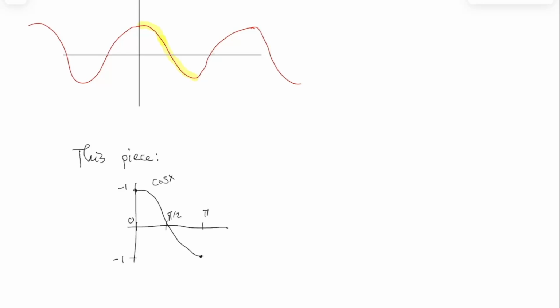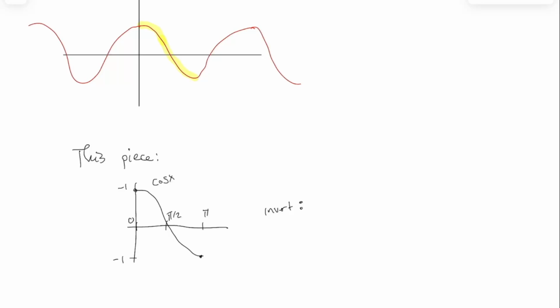All right, so that's the piece. That's the original piece of cosine, and that's the one which I'm going to invert by doing this sort of reflection across this diagonal line, which is a little strange, but maybe it's easier in this example to think in terms of exchanging the x-axis for the y-axis. So for the inverse, I exchange the x-axis for the y-axis.